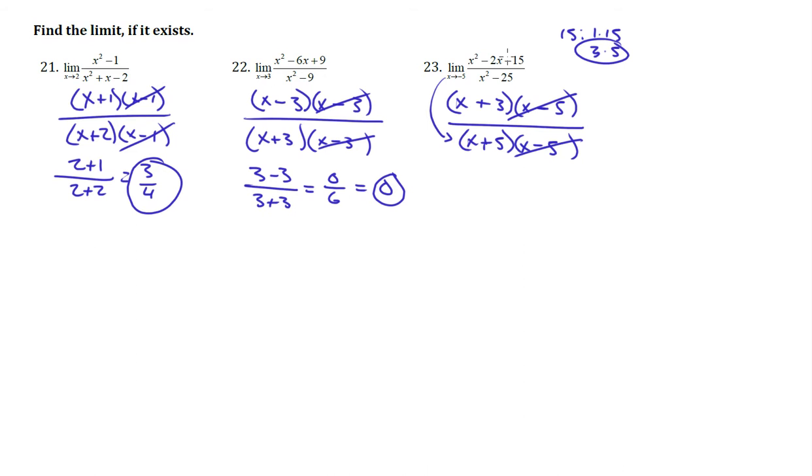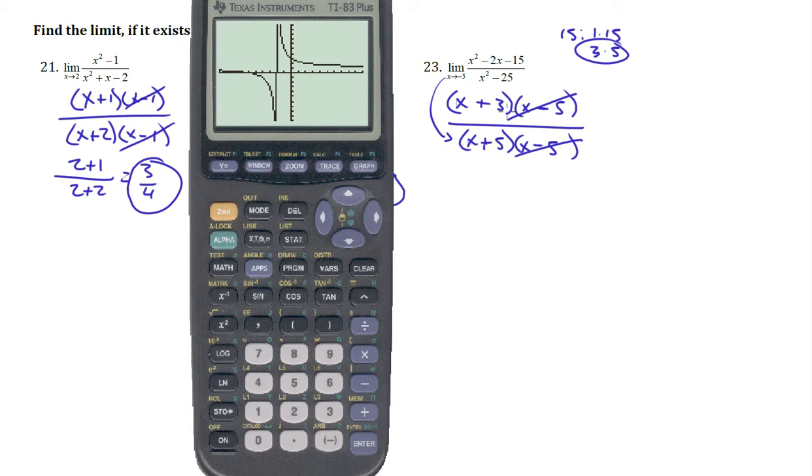So let's take a look at this one here on the calculator. Okay, now we know that this here simplifies to this. So you could, in your y equals, just put this over this in. Just in case I messed up the factoring, I'm just going to put the whole thing in. Okay, I'm feeling pretty good about our factoring, but you know, it doesn't hurt.